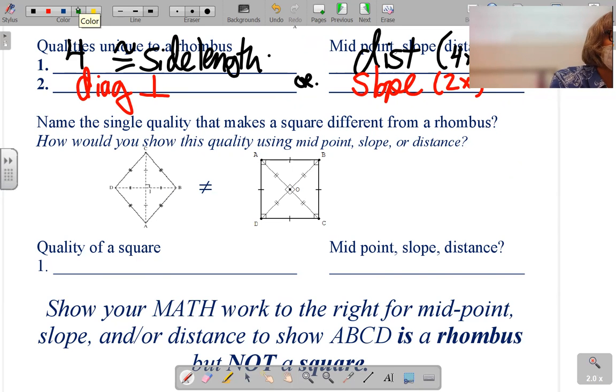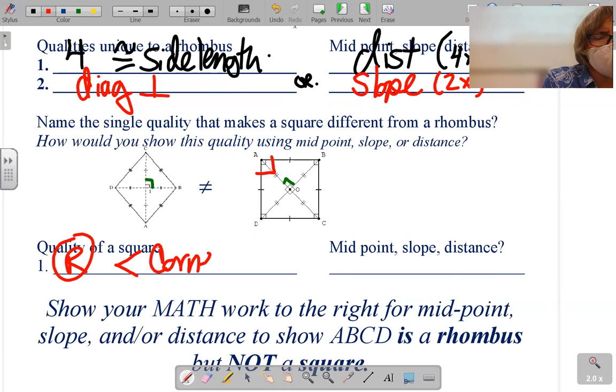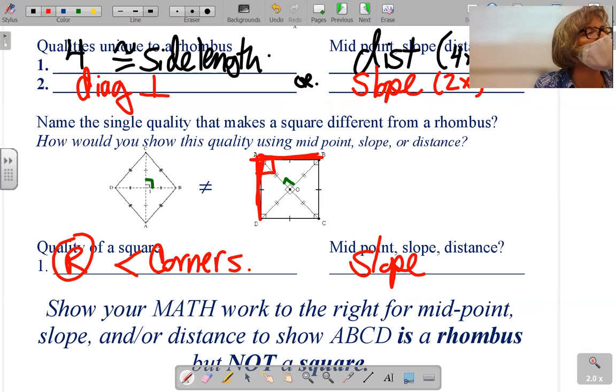A little bit more. They both have a right angle in the middle, so that's not common. Corners is what we're fishing for. So, right angle corners. Okay, Keegan, is that a midpoint, slope, or distance concept? That'd be slope, and you only need to do a pair of consecutive sides. You don't need to do all 4.